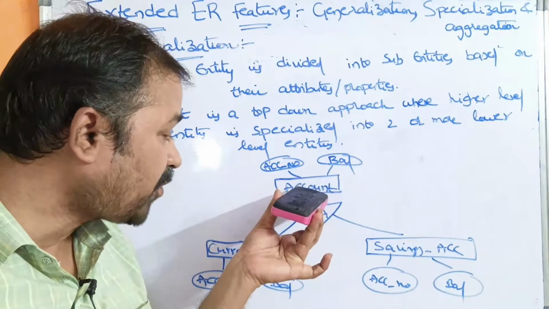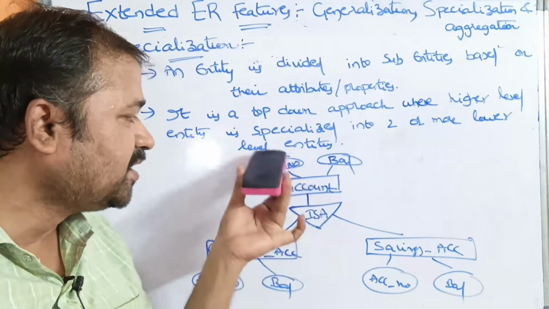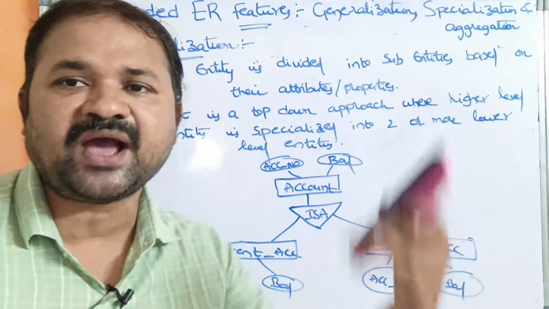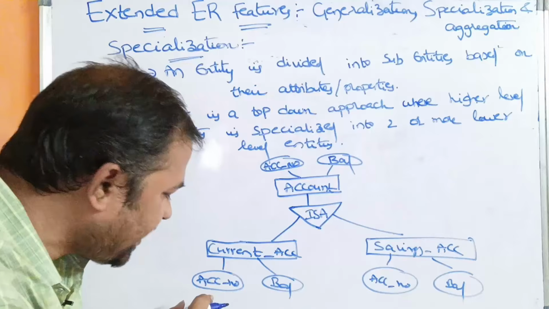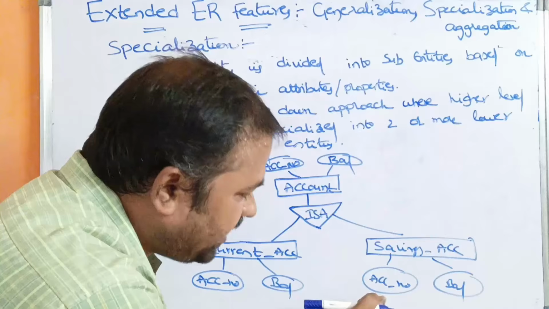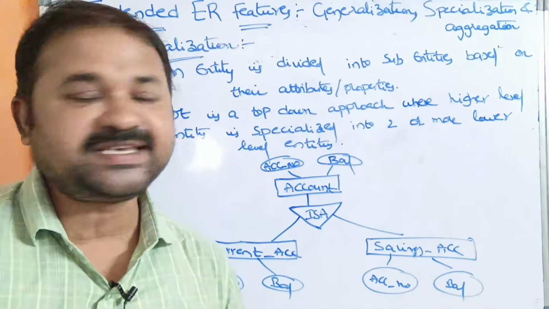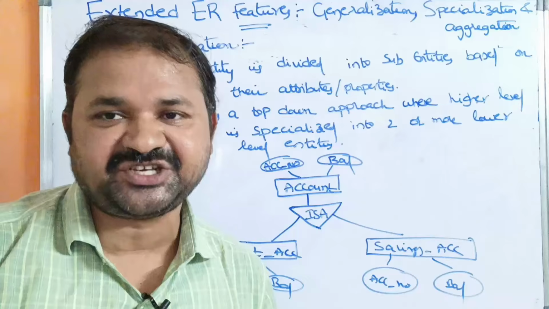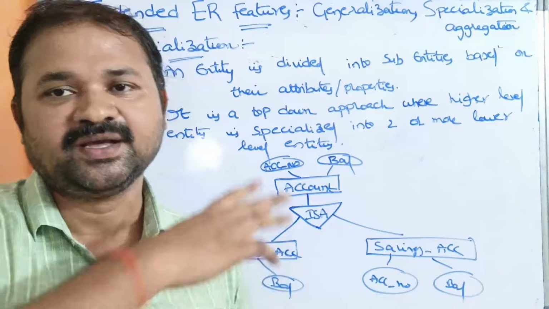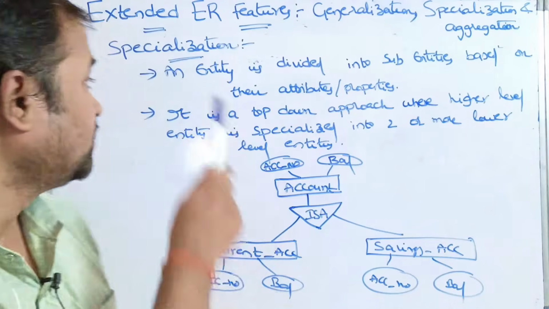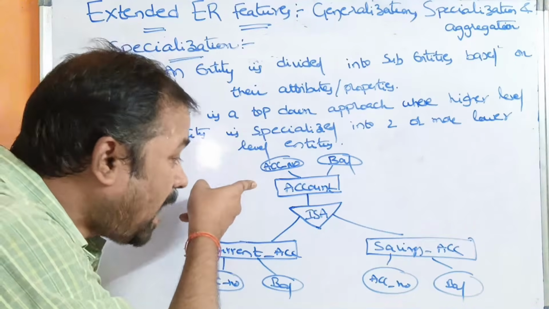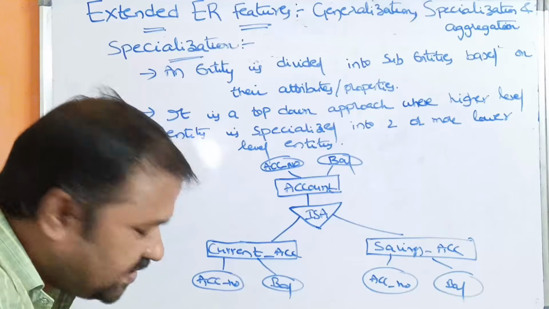What are the properties or attributes of the bank account? Account number and balance. So the lower level entities should also have those two properties. Current account has account number and balance, and savings account also contains the same attributes, account number and balance. So this is about specialization, dividing a higher level entity into several lower level entities. Generalization follows a bottom-up approach, whereas specialization follows a top-down approach. Here we start from the top and move towards the bottom.